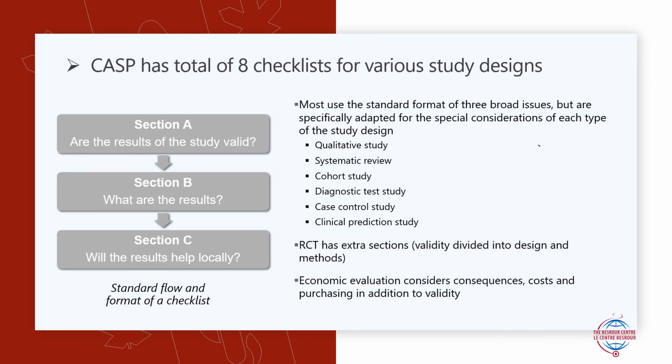But overall, this is a really nice tool that you can have available for you when you're reading a research study or trying to evaluate the literature, especially if you're trying to think about how it applies to your own context.